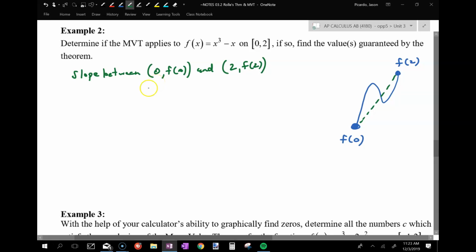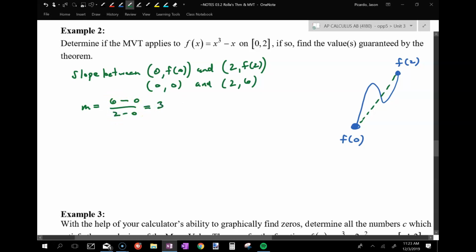So 0, f of 0 is 0, 0. And this is going to be 2, 6. All right, so what's the slope between these 2 points? The slope is equal to 3.